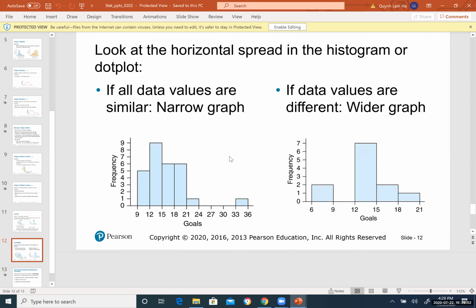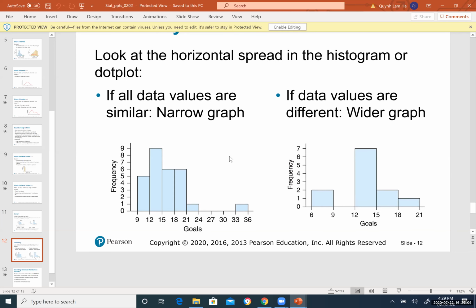So let me analyze this one more time. Look at the horizontal. When you look at a picture, it depends on your opinion. It's not like right or wrong. Sometimes we interpret wrong, and that's fine. Me too, I did wrong all the time, and then I looked back and made corrections.